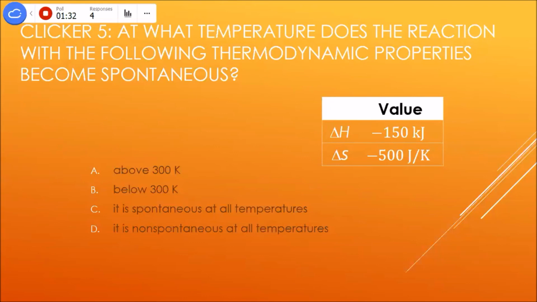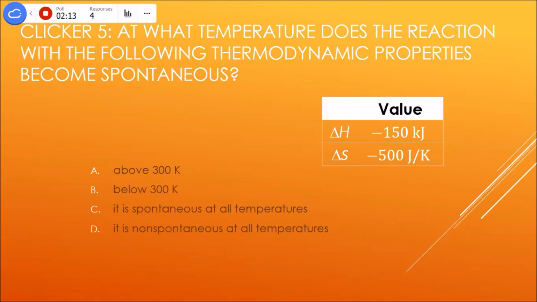Do you get a positive number or a negative number? What about 200? You say, well, that's below 300, so that must be that answer. Or that's above 300, so that must be that answer. So you can always try a temperature above or below to confirm your results. You can reason this out, but you could always plug something in.